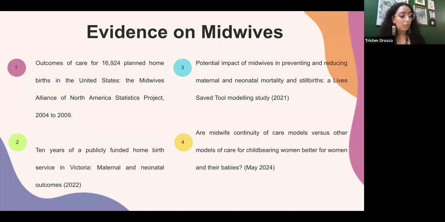So compared to how things are now, if there was a big increase in midwife-provided care, this could prevent 41% of mothers' deaths, 39% of newborn deaths, and 26% of stillbirths, saving 2.2 million lives each year. Now, if there was only a small increase in midwifery in these 88 countries, this could prevent 22% of mothers' deaths, 23% of newborn deaths, and 14% of stillbirths, saving 1.3 million lives each year by 2035.